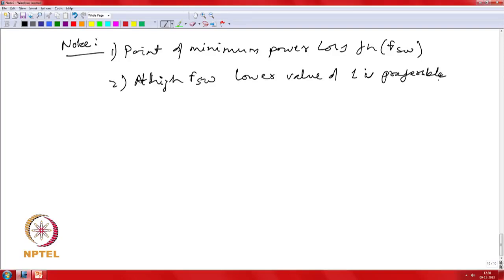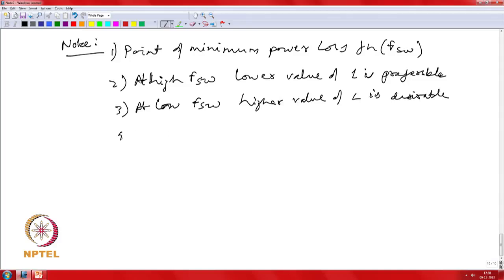So we saw that at 16 kilohertz your preferable L was closer to the 4% range. And the power loss in the filter reduces as the switching frequency increases.